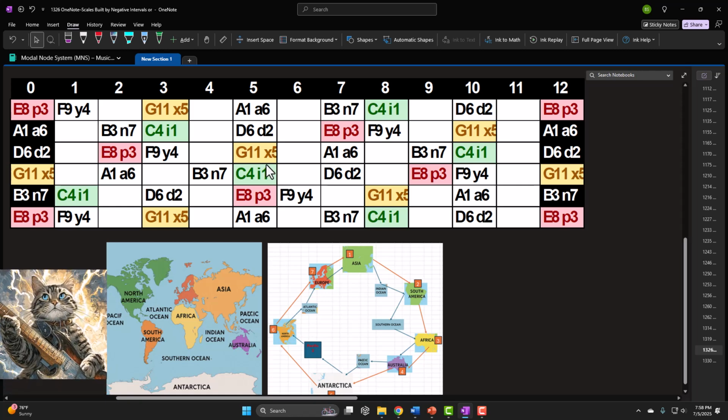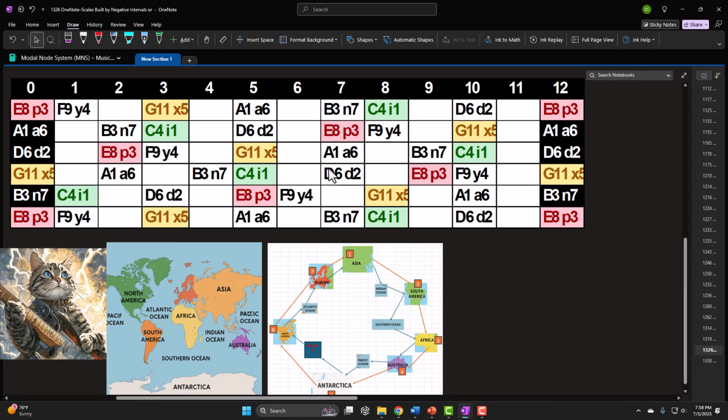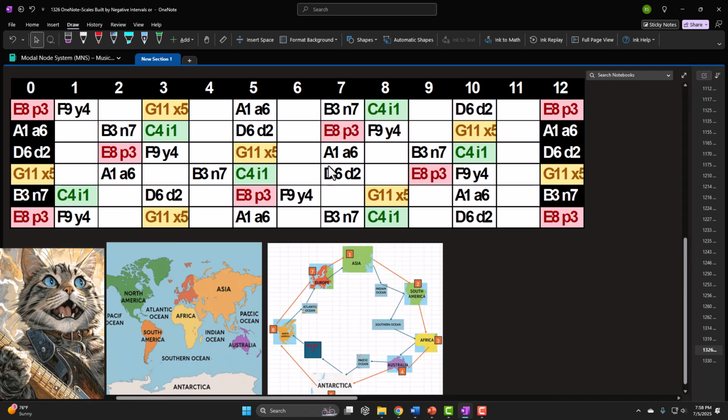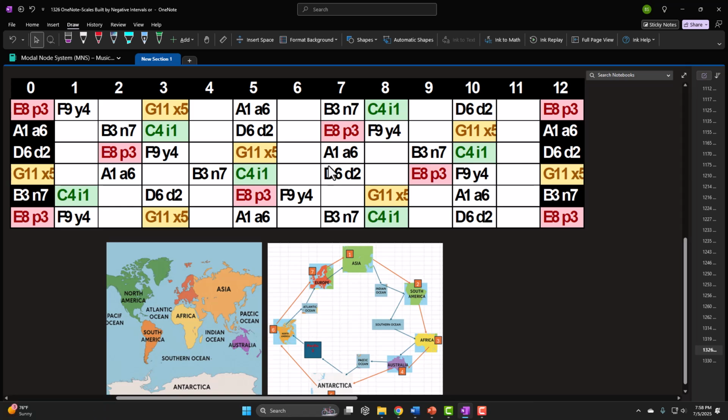And then we have the note distance, which would be like continents and ocean distances. And the way we want to be thinking about these intervals is they're giving us how many oceans and continents, how many notes does it take to get to a certain continent distance.